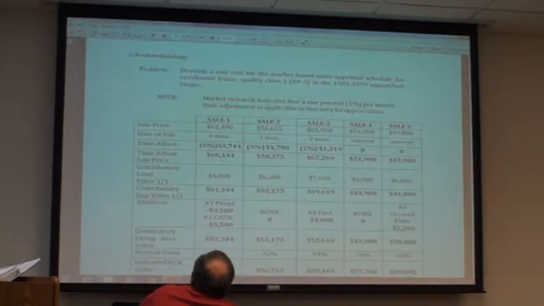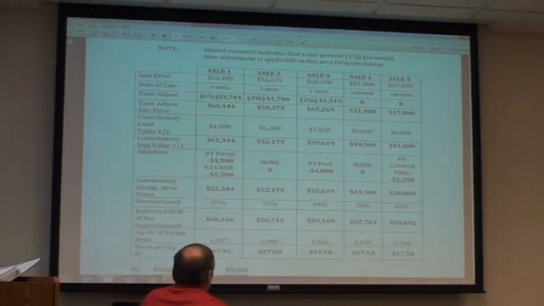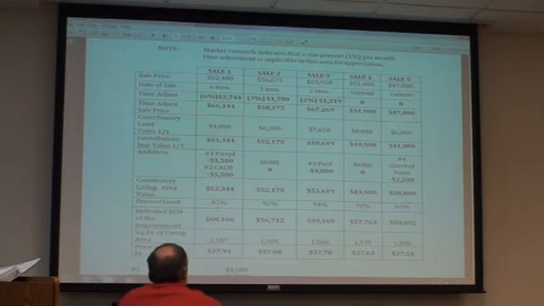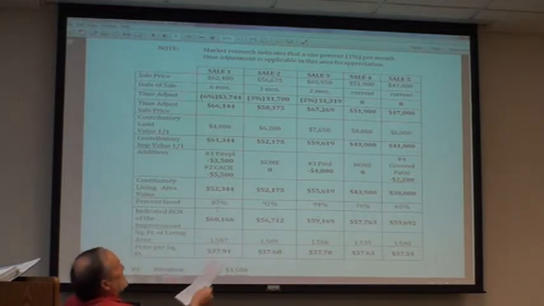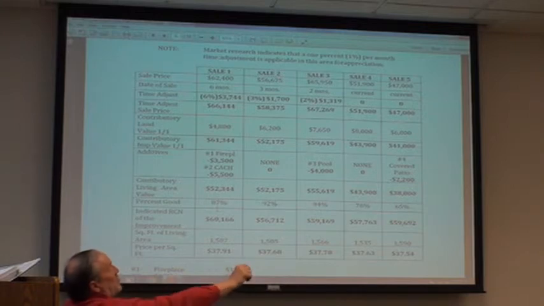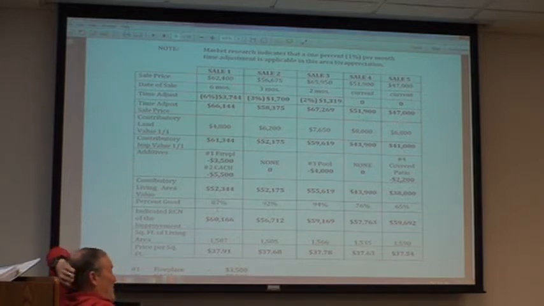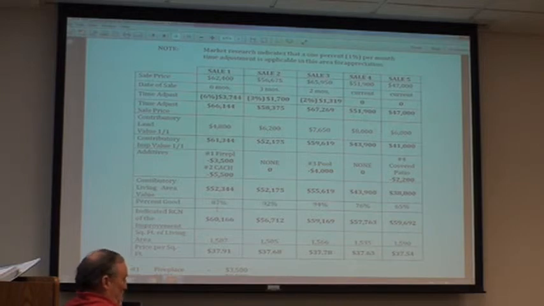I'm close. We're not far off of it. That worked out pretty good. 59,169, 57,763, 59,692, then we're gonna divide by the number of square feet. And you should get something like 3,791, 3,768, 3,778, 3,763, and 3,754.